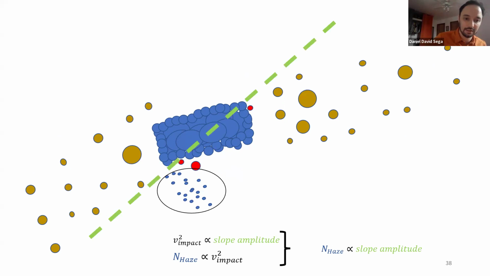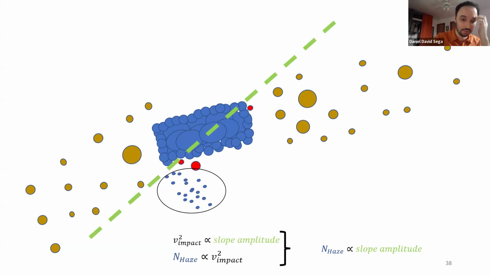And furthermore, not only do we find that there are these velocities that can be releasing material from the wakes, but also the kinetic energy of these impacts is proportional to the slope of the wave.